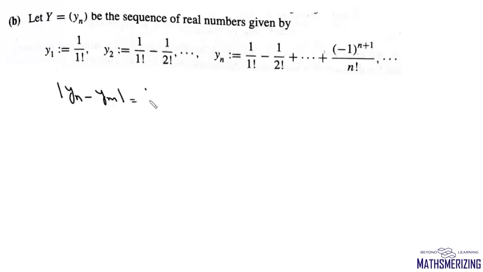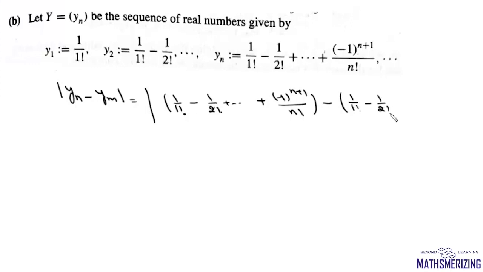It will be this mod 1 upon factorial 1 minus 1 upon factorial 2 up to minus 1 to the power n plus 1 upon factorial n, and then minus 1 upon factorial 1 minus 1 upon factorial 2 up to minus 1 to the power m plus 1 upon factorial m.